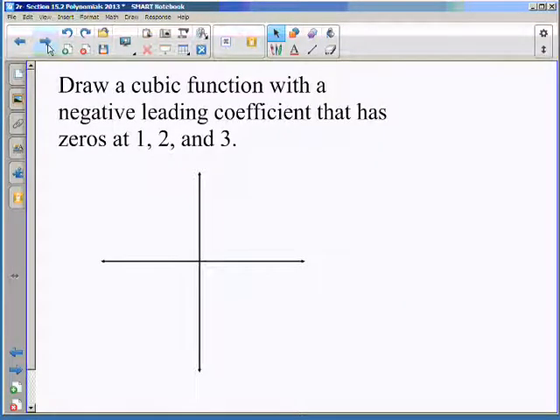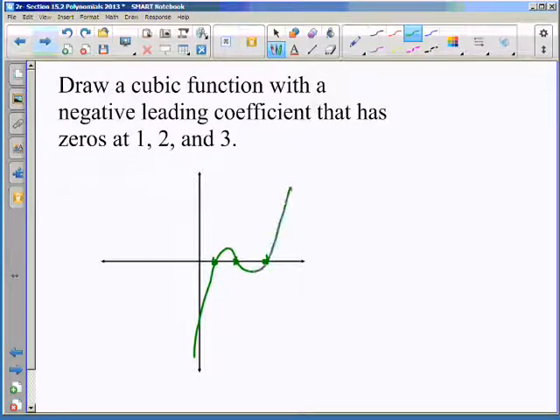Okay, let's try to make some sketches here. Draw a cubic function with a negative leading coefficient that has zeros at 1, 2, and 3. Well, 1, 2, 3, I put dots there. To be a degree 3 or a cubic, it could start down at negative infinity, come up, cross over, and look something like that.